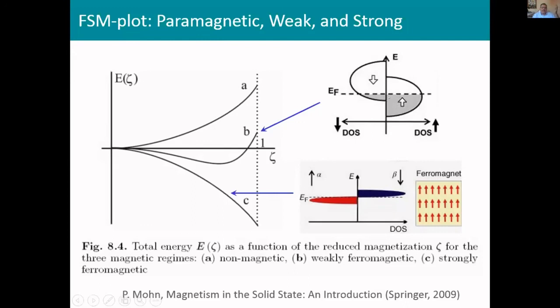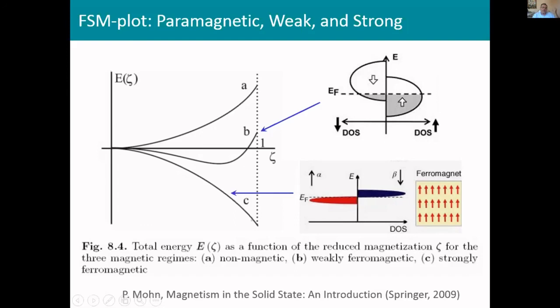What does that mean? It means that some of the electrons in the spin down channel jump to the spin up channel, but one part remains in the spin down, and this produces this kind of plot. When the full band is polarized, the full band in the down channel moves to the up channel, the electrons are moving to the up, and we have this kind of plot.